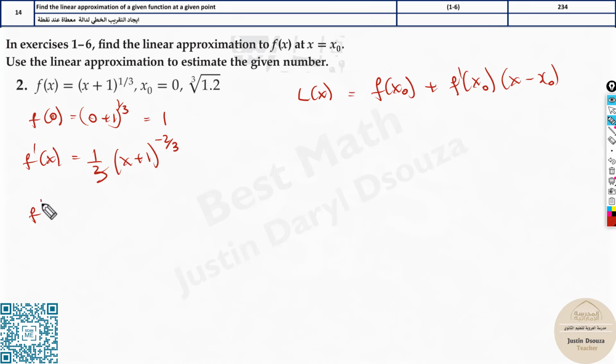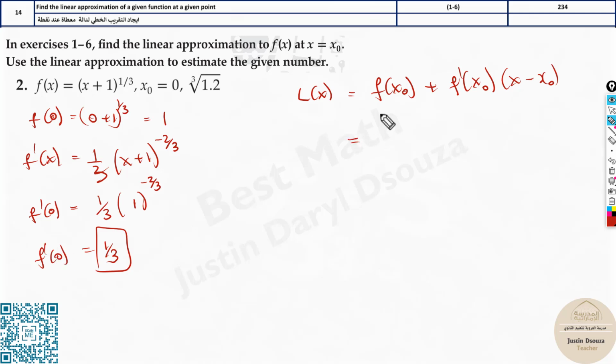And now we will substitute 0 instead of x, because x naught is 0. We will have 1/3 times 1 to the power minus 2 by 3. Anything 1 raised to any power is 1 itself. So here the answer will be just 1/3, and this is f derivative of 0.